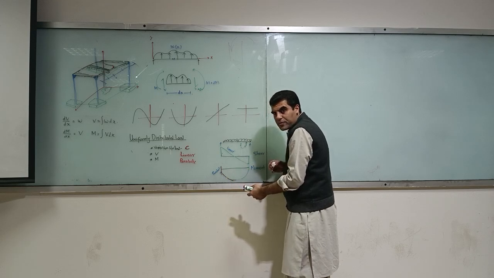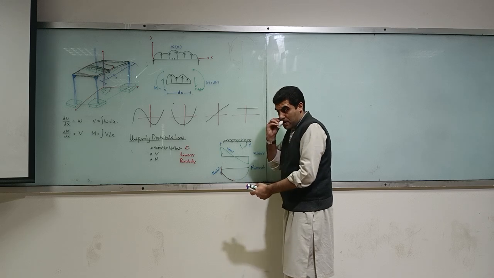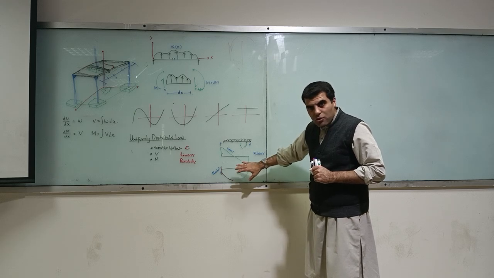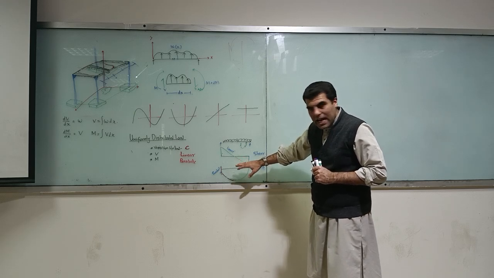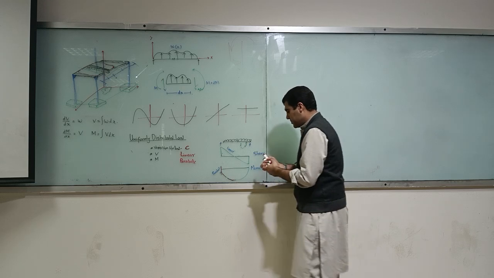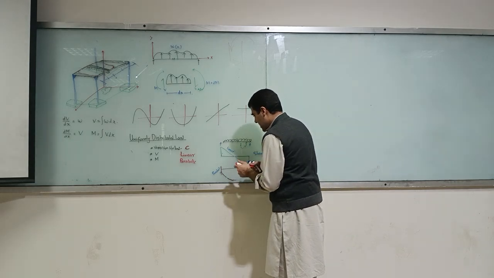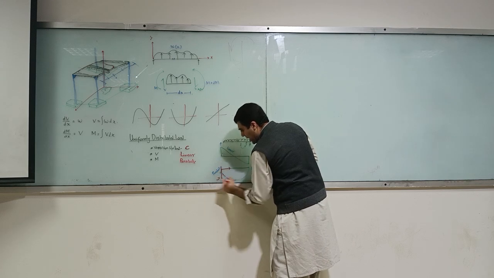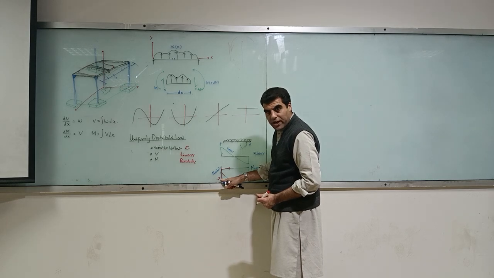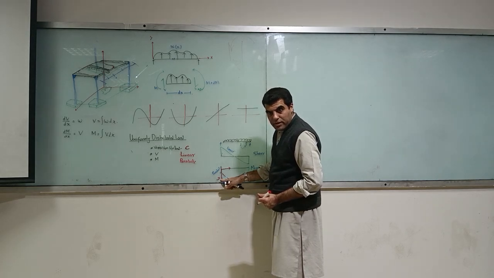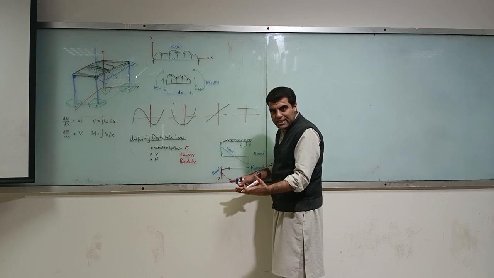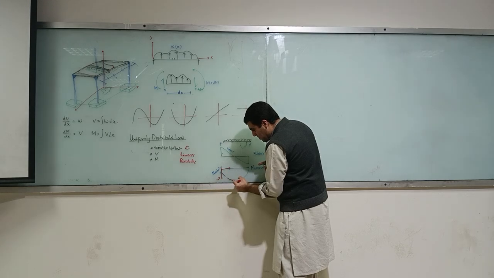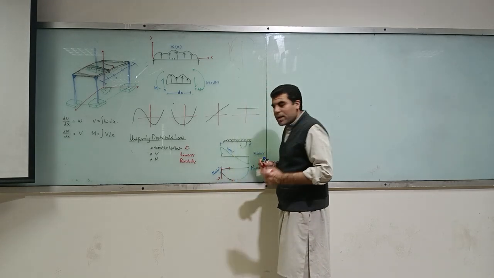I'm assuming that tension is positive. This is my x and this is my y when I'm drawing it. My y is over here, so that I get my bending moment on the tension side. Yes, you can invert that.